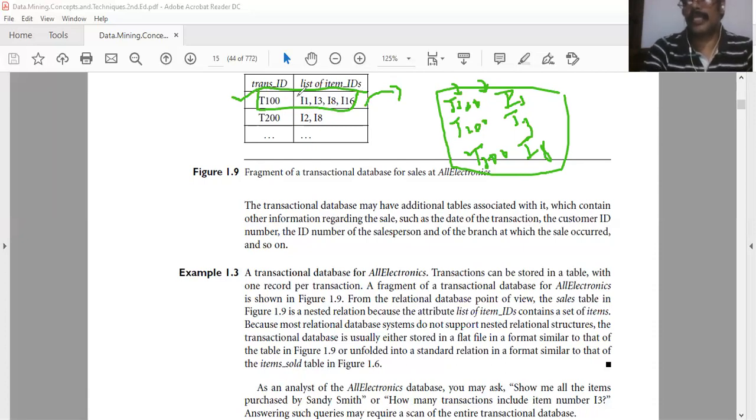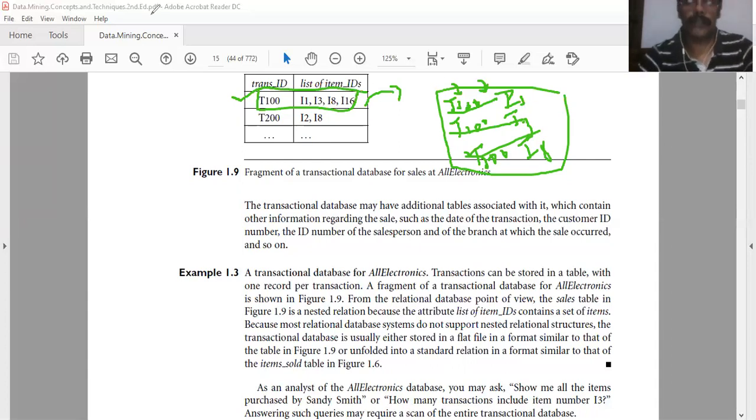To represent the transaction T100 with 4 items, we require 4 records in the relational table. So we unfold the transactional database.